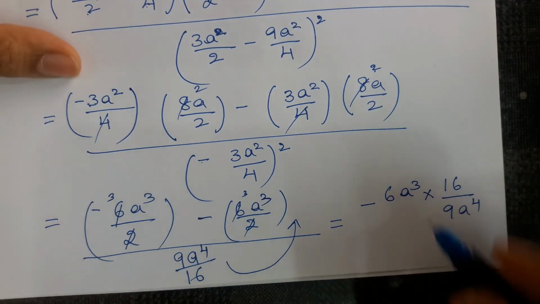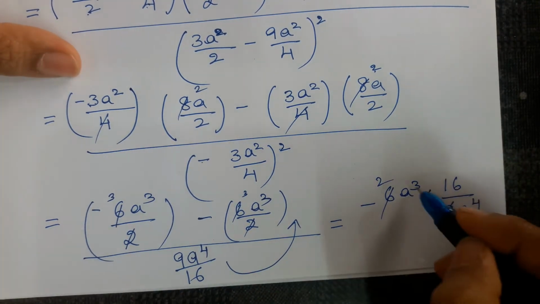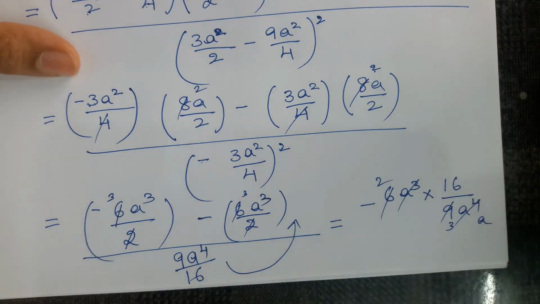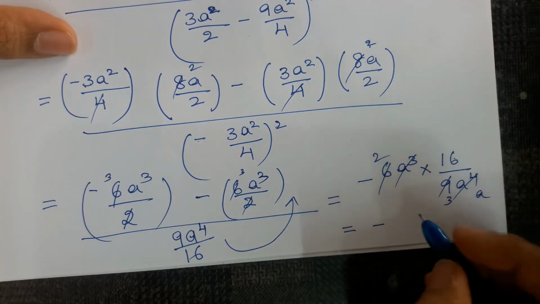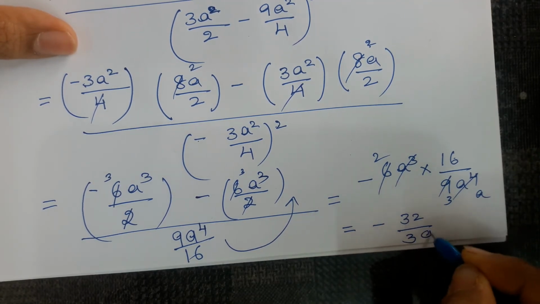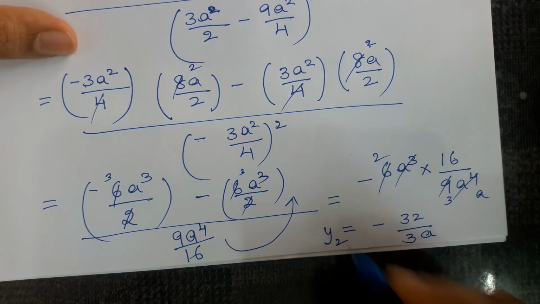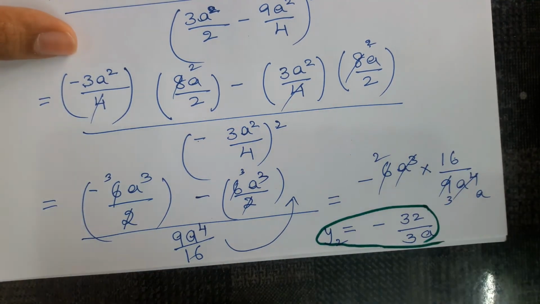Now simplify this. 3 2s are 6, 3 3s are 9, correct. A cube and a power 4 if you cancel, you will be left with a. And minus 16 2s are 32 divided by 3a. So y2 value is minus 32 divided by 3a.